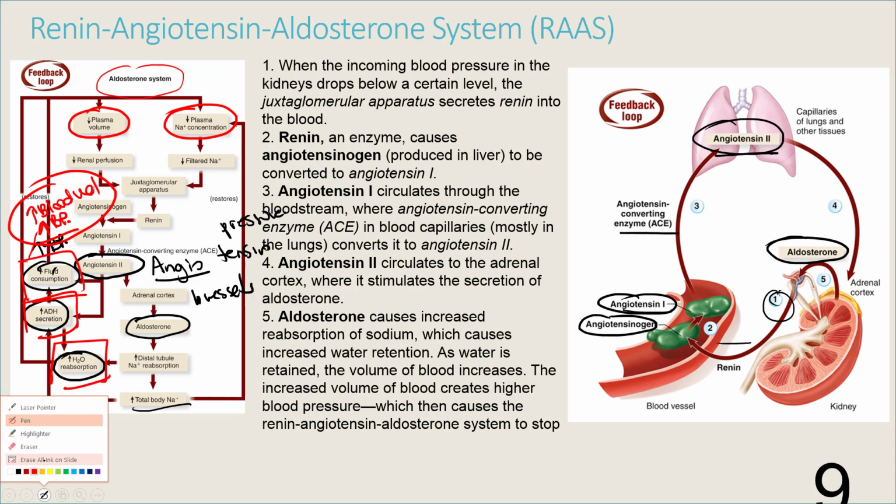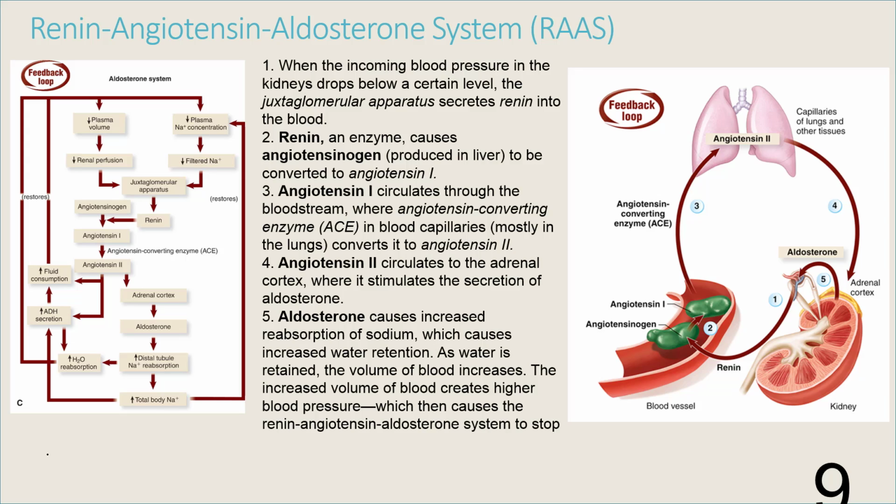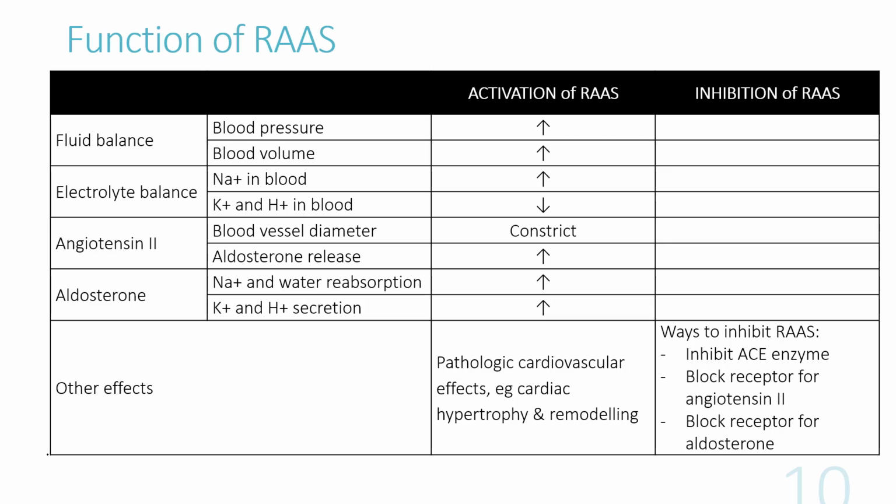Now, having said all this, drugs can be used to actually block the renin-angiotensin-aldosterone system at various different points, right? And the reason why you want to block it is to decrease blood volume and therefore decrease blood pressure, right?